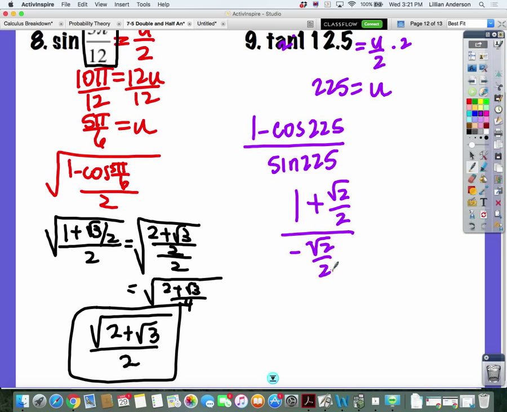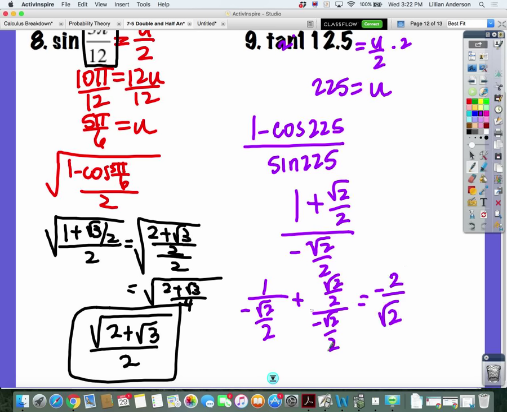You can do the whole get a common denominator in the numerator, keep, change, flip once you get the one fraction, like how we did in number 8, or you can split it up. It is your choice. You'll get the same result no matter which way you do it. For this first fraction, you can keep, change, flip. That will turn into a negative 2 over square root of 2.